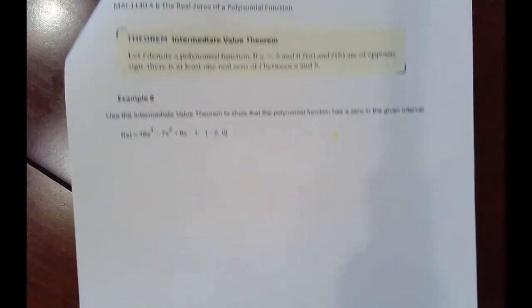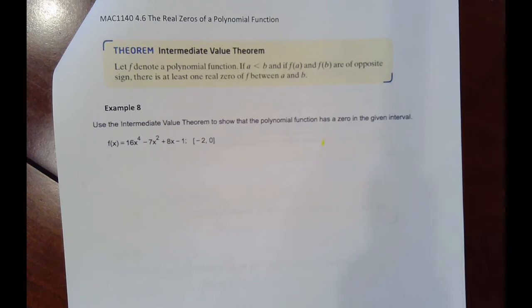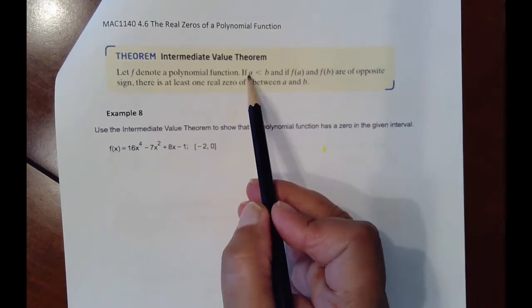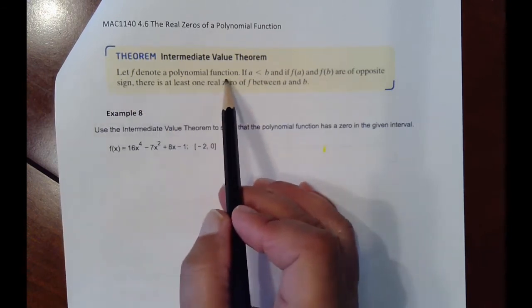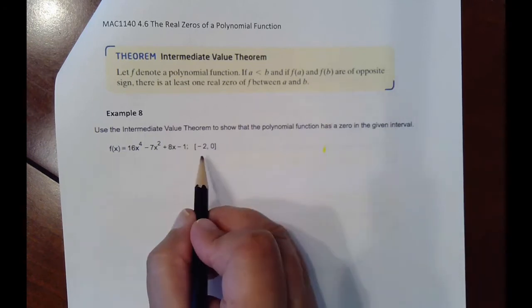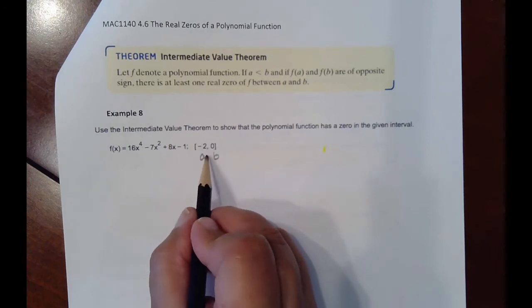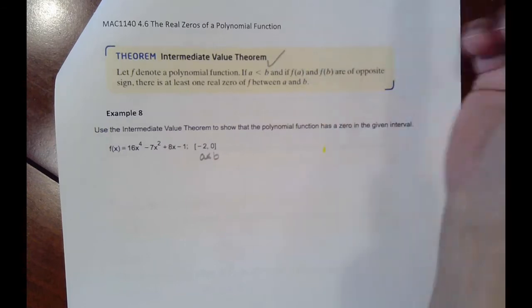Okay, our last theorem is called the intermediate value theorem. And what this theorem says is that if you have one value that is less than another, and this has to do with the polynomial function that they're asking you for. Here, this would be the a value, and this would be the b value. You can see that that a value is less than the b value. So that's this part of the theorem.